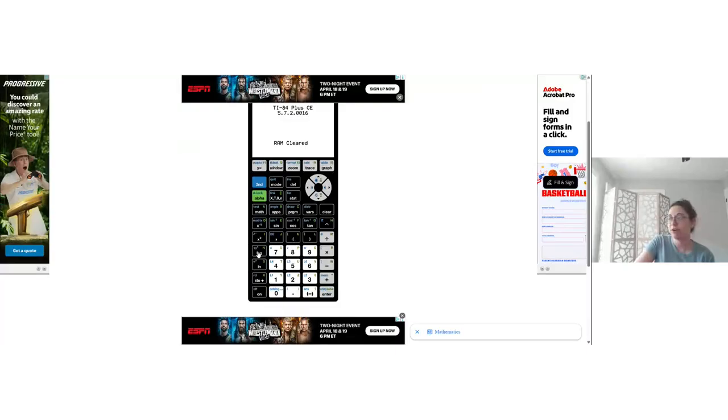I have the common log right on the home screen, so I would do log of 18. Don't forget to close your parentheses. Divided by log of 5. It's 1.7958. We're going to round to 3 decimal places. So we'll round to 1.796.